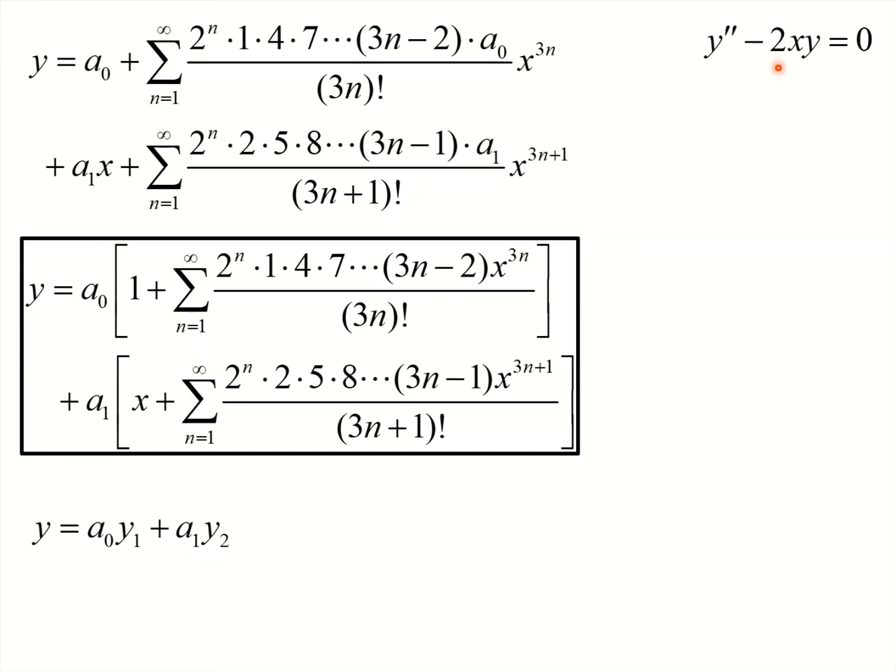So some of you are like, say, what? You don't have to write this down or anything. Then a would be called an ordinary point of the differential equation, if that's the case. In our differential equations, a equals 0 was ordinary, and if a is not an ordinary point, then it's called a singular point. So we just did series solutions about an ordinary point.